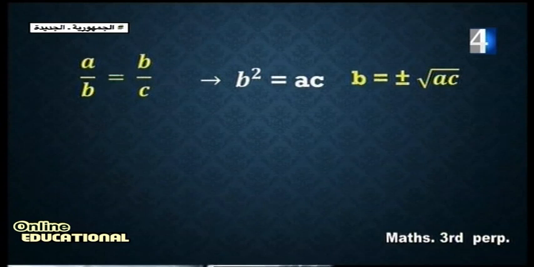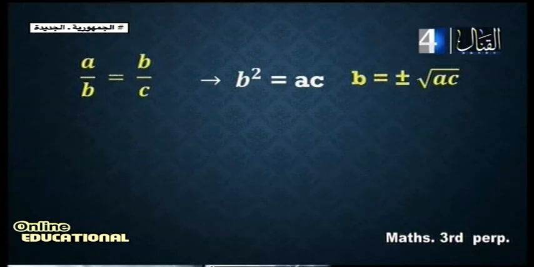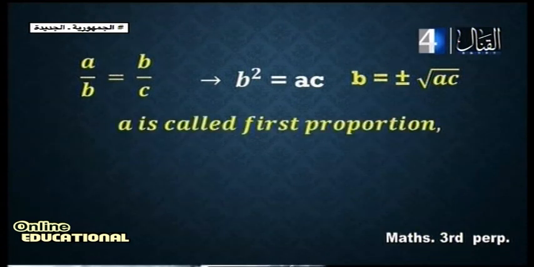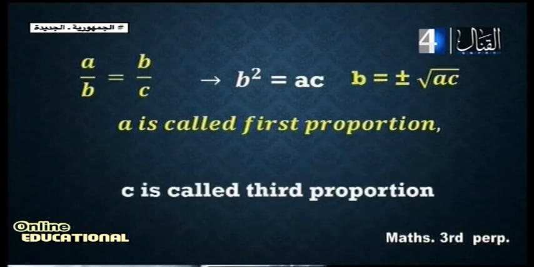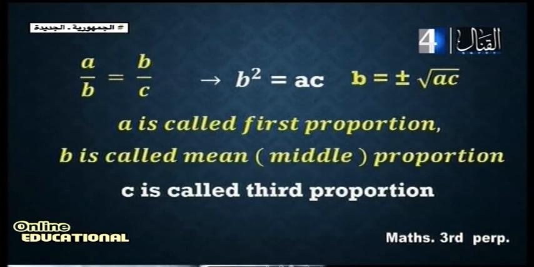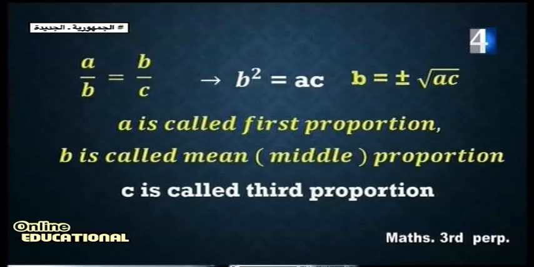In the case of continued proportion, A over B equals B over C, A is called the first proportion, B is called the mean or the middle proportion, and C is called the third proportion. So the repeated symbol B is called the mean proportion or the middle proportion.